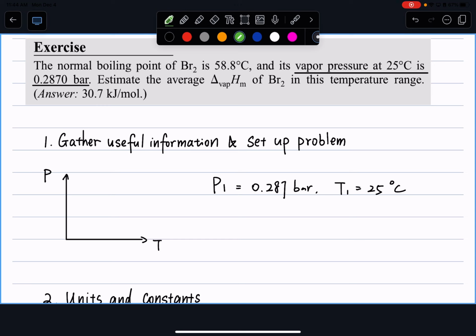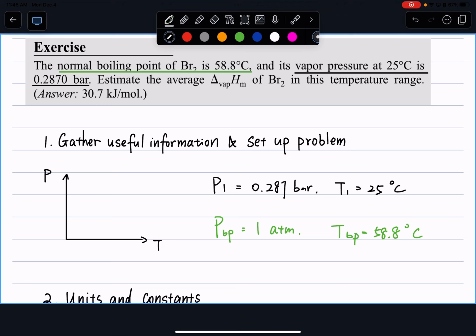Next up, the normal boiling point is 58.8. It doesn't give you the pressure, but it says the normal boiling point. That expects you to know a normal boiling point means that at boiling point, your P normal boiling point equals 1 atm, and your T boiling point equals 58.8 degrees Celsius.